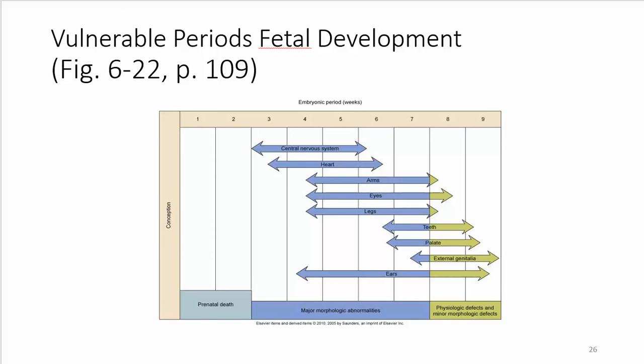So, as I said before, the teratogens have their effect on the development of organs, and the embryo is at risk when that organ system is being developed, and that's when they're vulnerable to those teratogens.